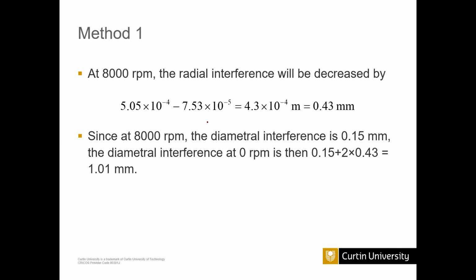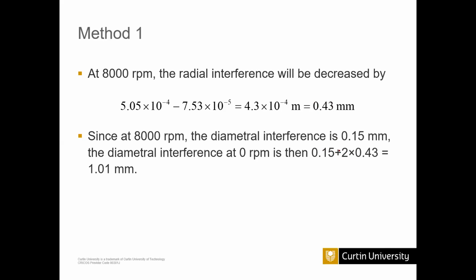Here, you already found the radial interference. You need to get the summation of these two to get the total diametral interference, but you need to multiply this one by 2, because this is radial interference.